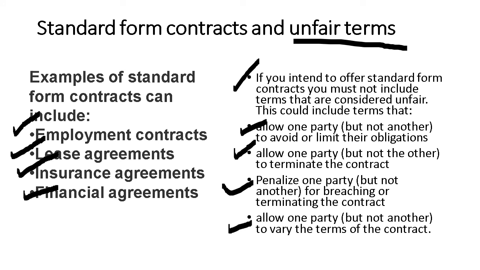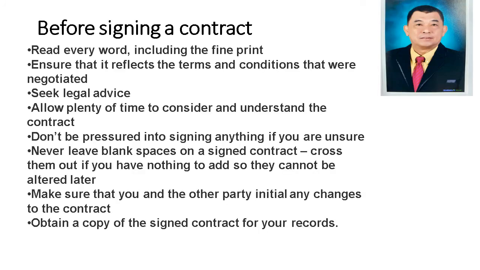So it is very important that these standard form contracts be allowed to be negotiated so that there are no unfair terms and conditions. Once you've signed a contract, you may not be able to get out of it without compensating the other party for their genuine loss and expenses.